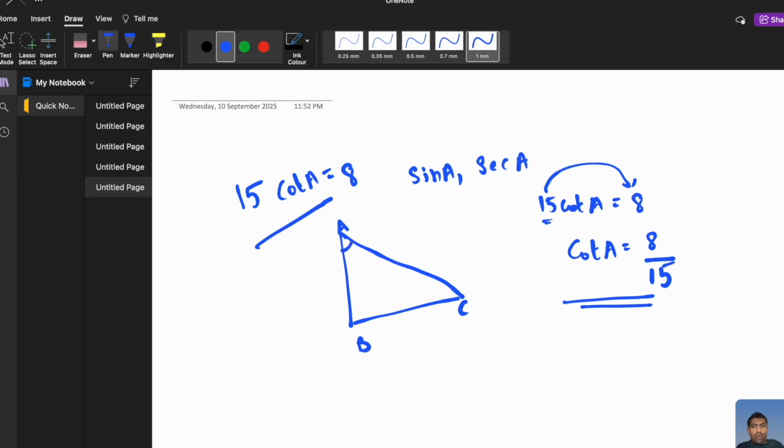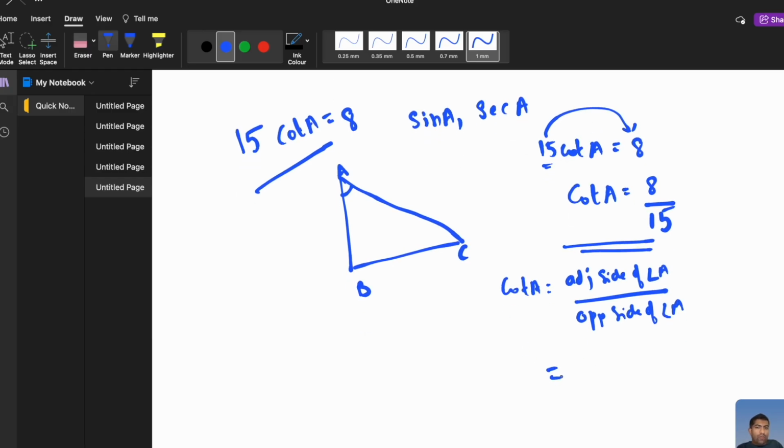So what is cot A? Cot A is nothing but adjacent side of angle A divided by opposite side of angle A. What is the adjacent side of angle A? AB.